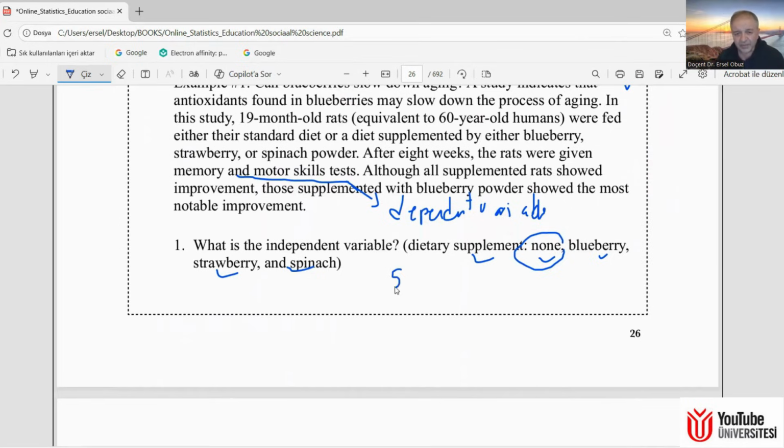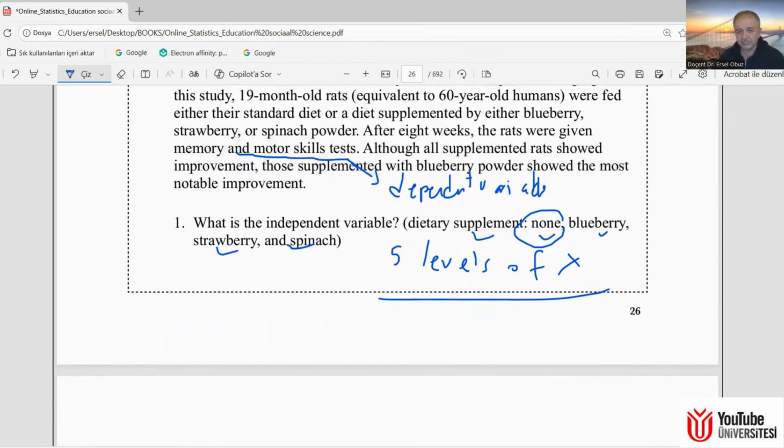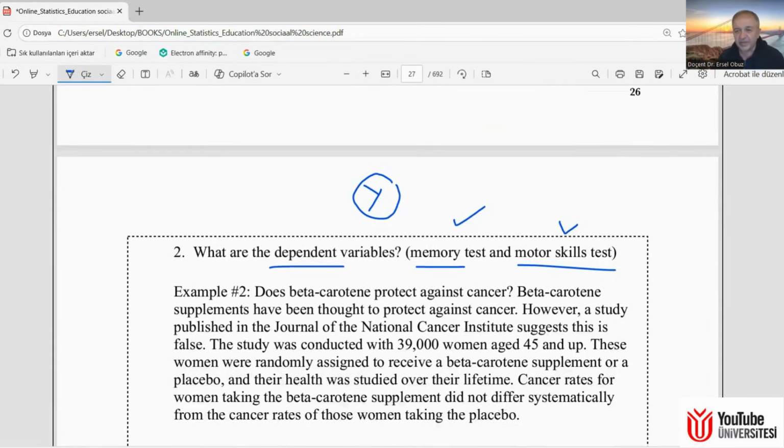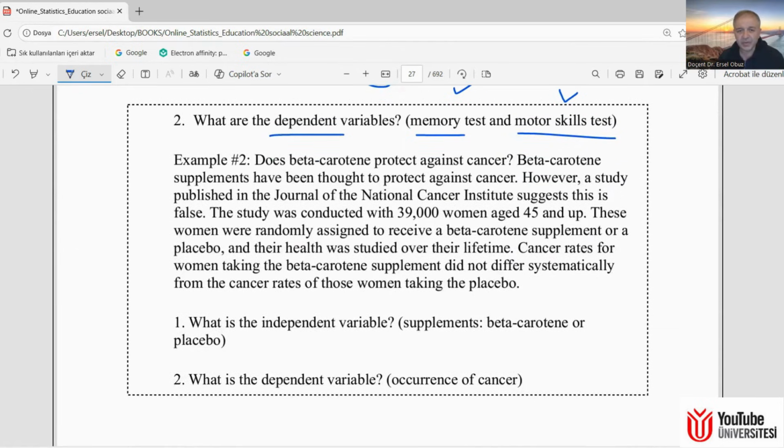So 5 levels of X. The dependent variables are the memory test or motor skills test. The numbers we get from this test are going to be our Y variable, which is the dependent variable.